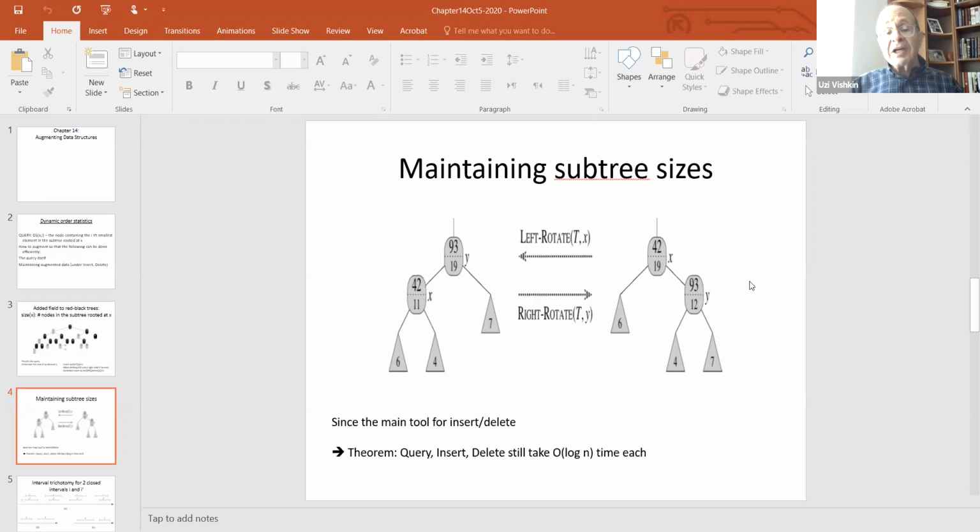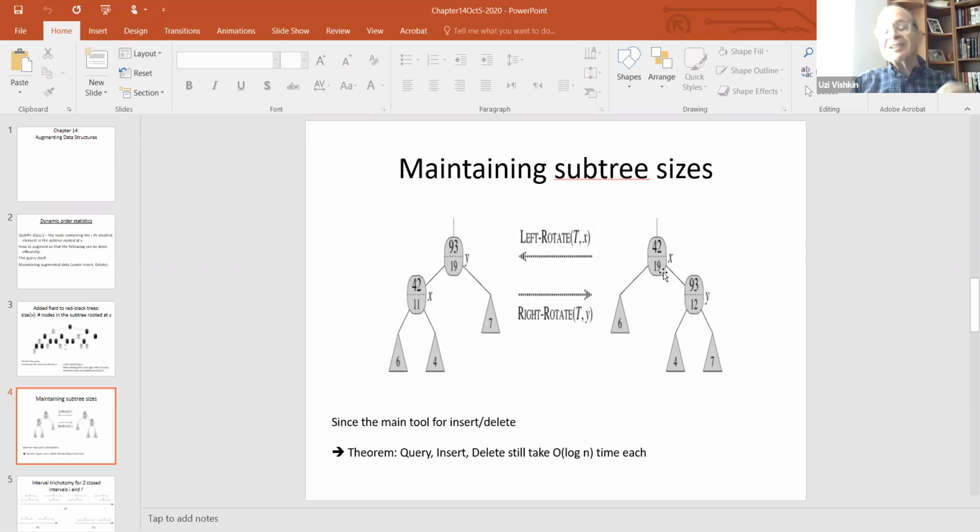So let's see how I compute this 19 and 12, given that I know, right? How will I compute? So the first observation is trivial. This 19 has got to be this 19. Is that clear to everybody?